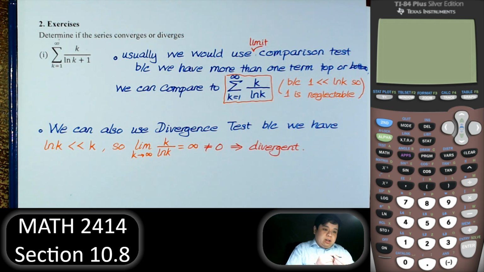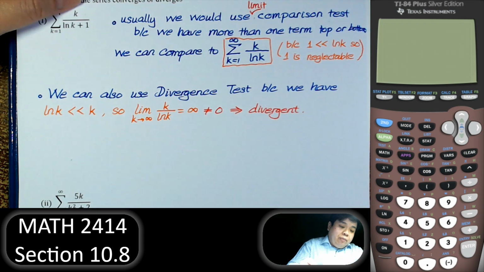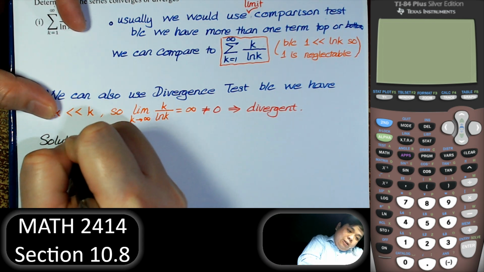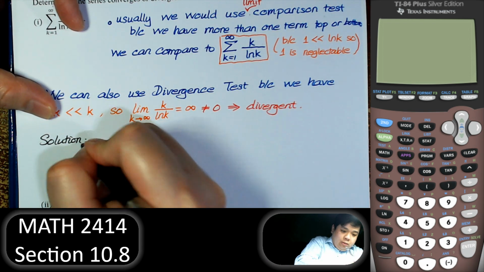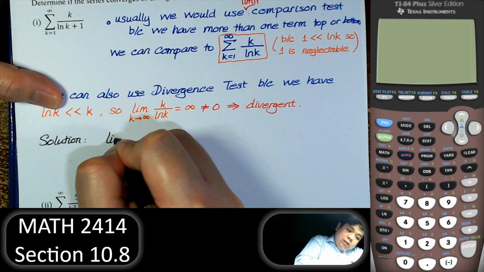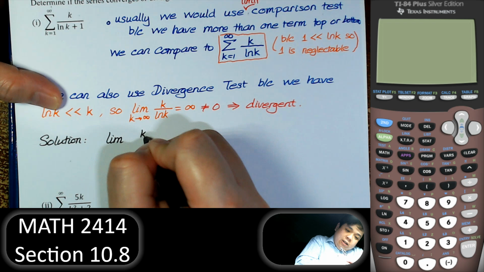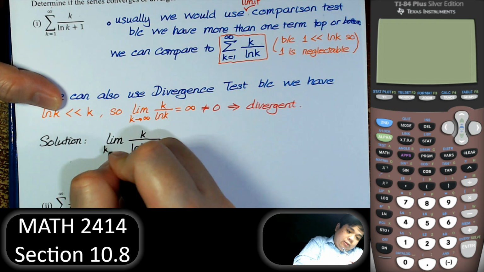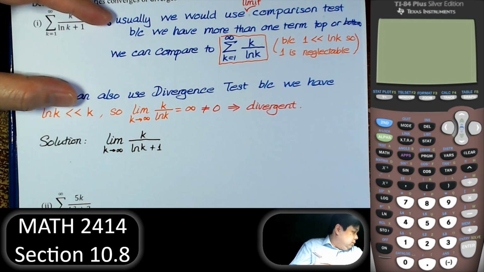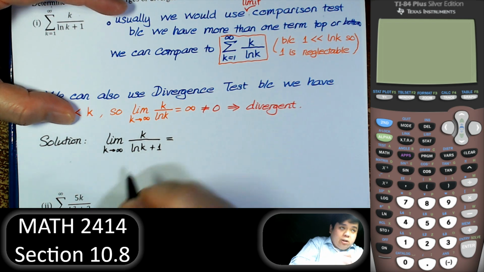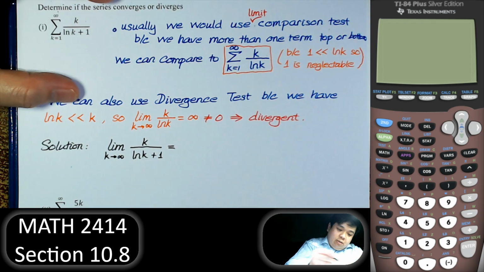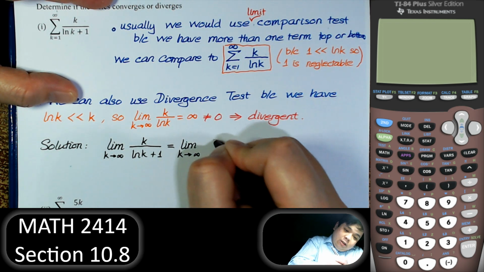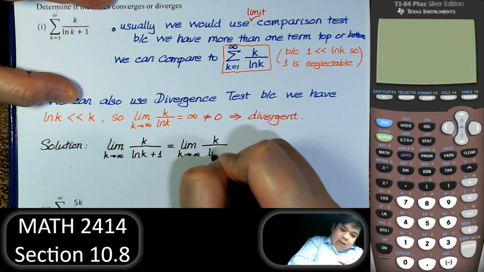So the actual solution, I'm going to write in black ink, and we say it. The limit of k over ln of k plus 1. So we take the limit of that term, which is equal to the limit of k over ln of k.